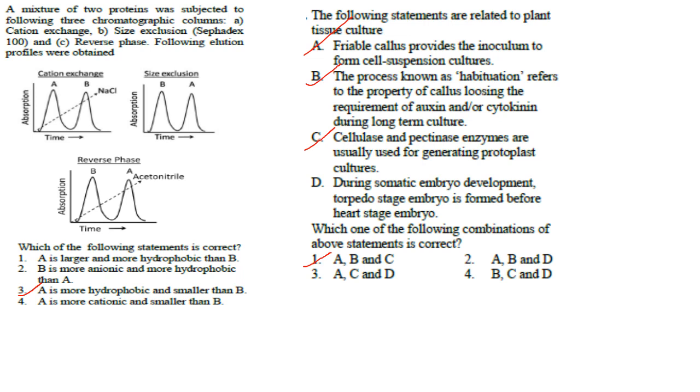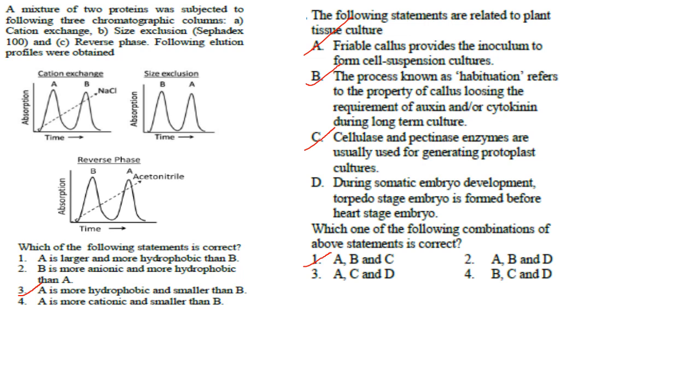Then next one. The following statements are related to plant tissue culture. Friable callus provides the inoculum to form cell suspension cultures. That is correct. The process known as habituation refers to the property of callus losing the requirement of auxin and cytokinin during long-term culture.